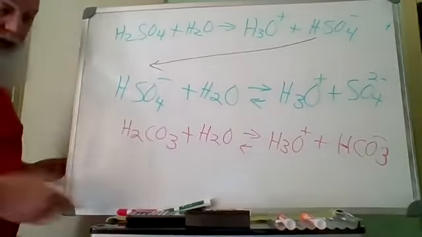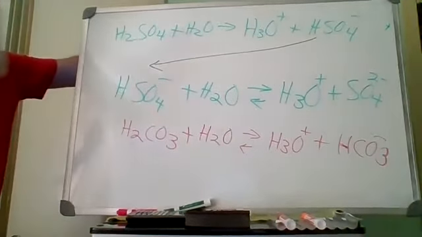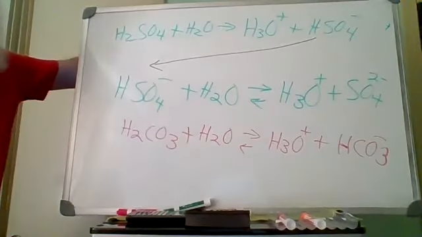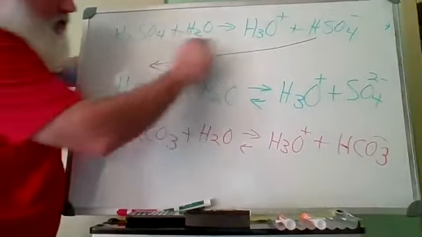Okay, so again, there's no big deal with these polyprotic acids. It's just that when you're working a problem, you have to take into account removal of both protons. At times that will affect the pH of the solution, depending on the Ka. So there is no Ka here, this is a strong acid.